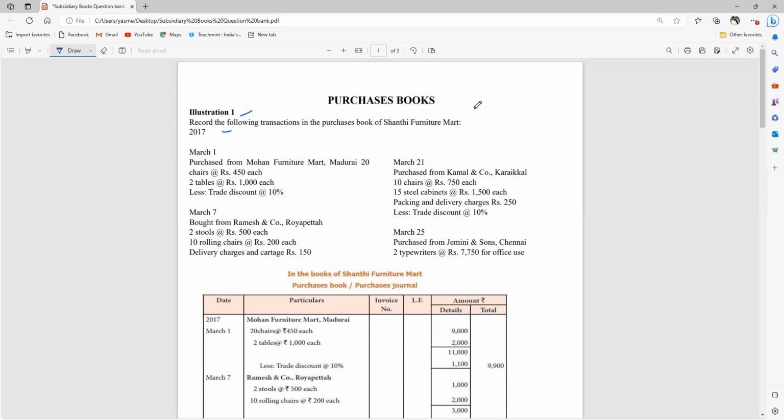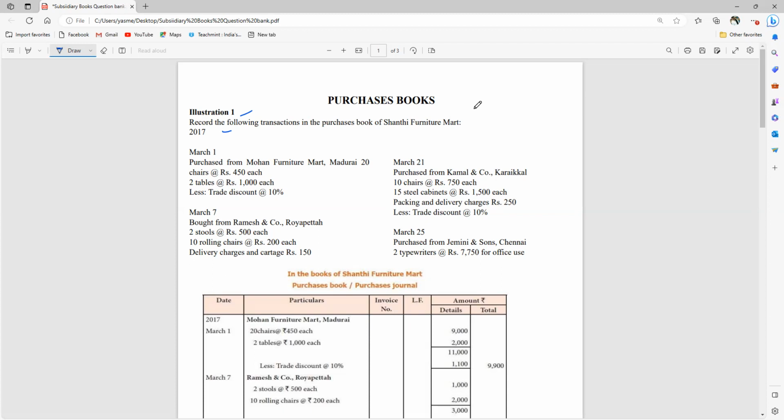If we purchase business goods by paying cash, we are not recording that transaction, because any kind of cash transaction is recorded in the cash book only. The next rule is that we are not recording the transactions of assets purchased for business, I mean purchases made to keep that asset in our company.